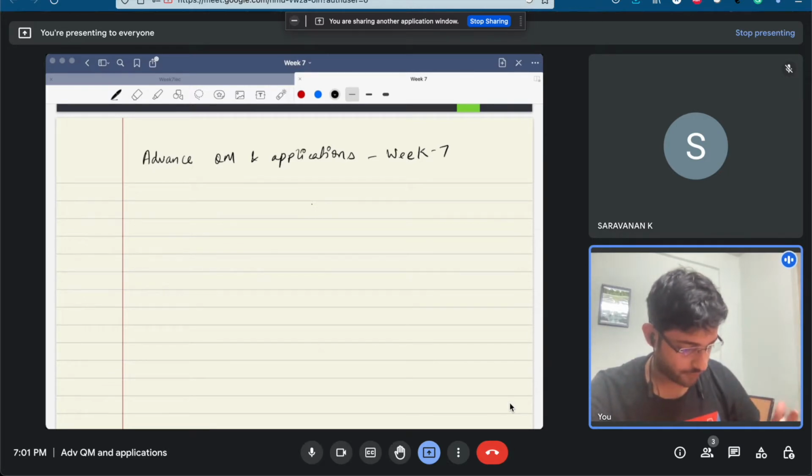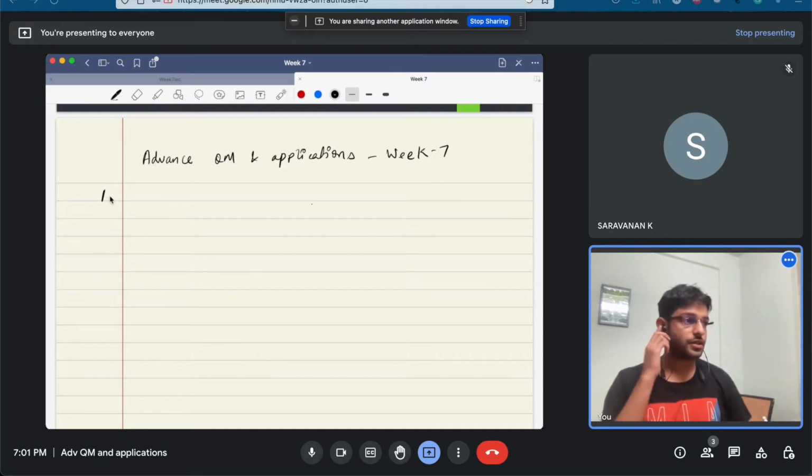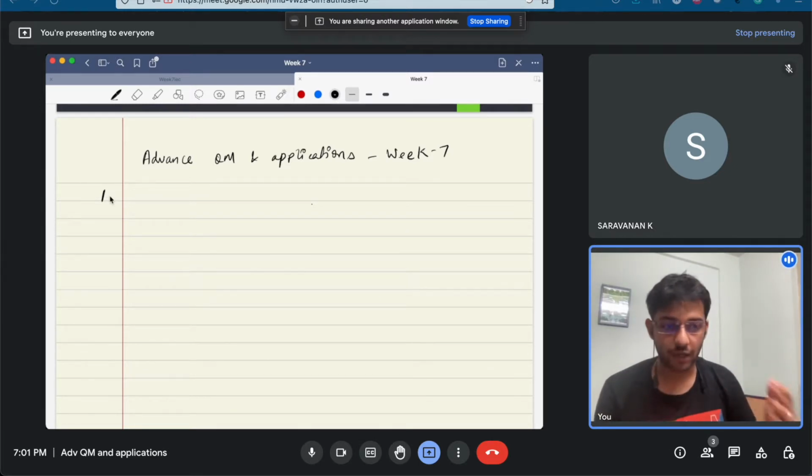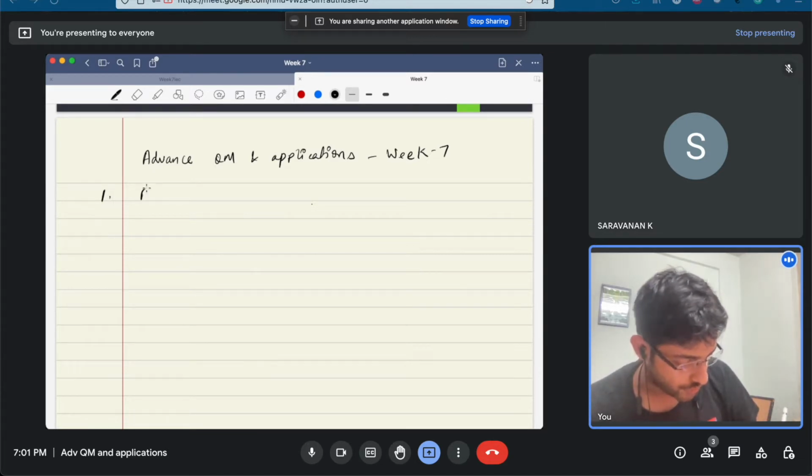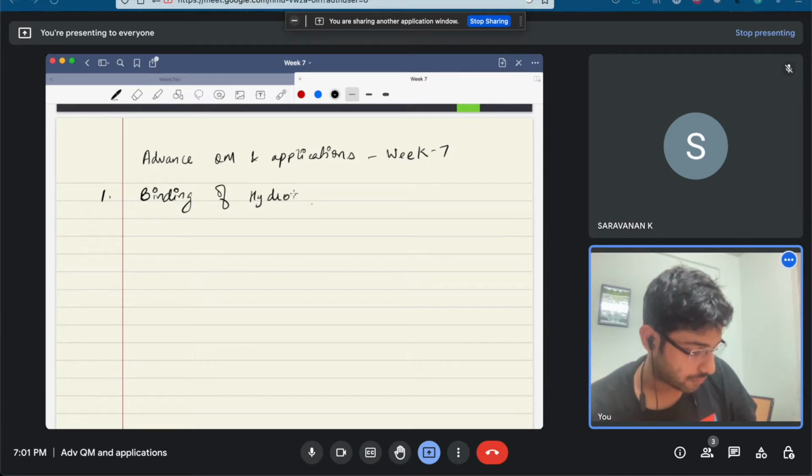So the first problem that we are going to deal with is to find out the binding energy of the hydrogen atom using a Yukawa potential.